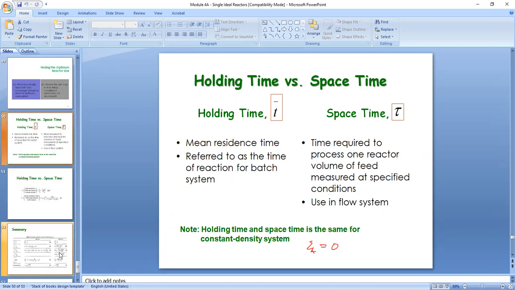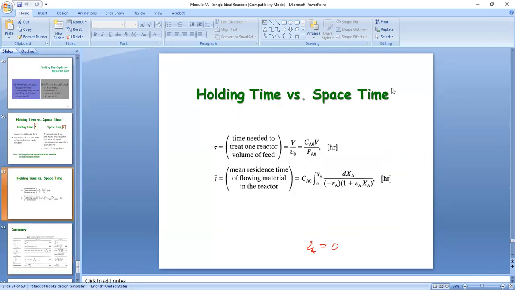Now, again, there is a reiteration here of the definition of the tau, the space-time, and the space velocity. In here, you have the tau, the space-time, and the formula, and you have here the residence time based on the formula for the batch reactor.